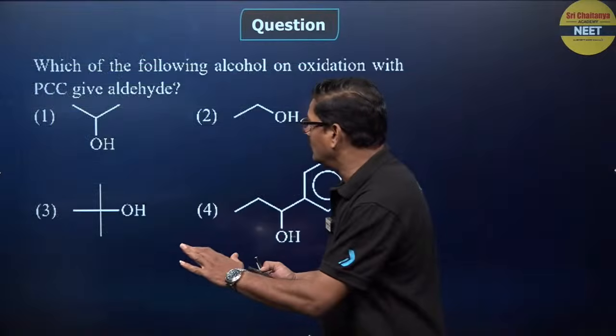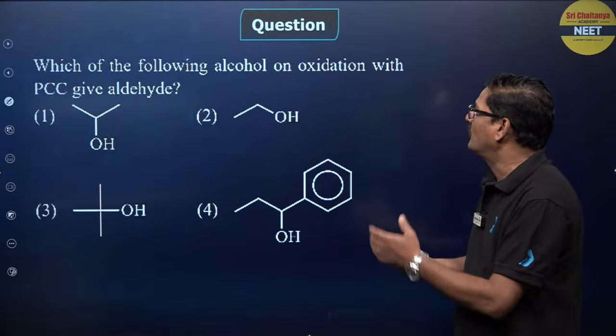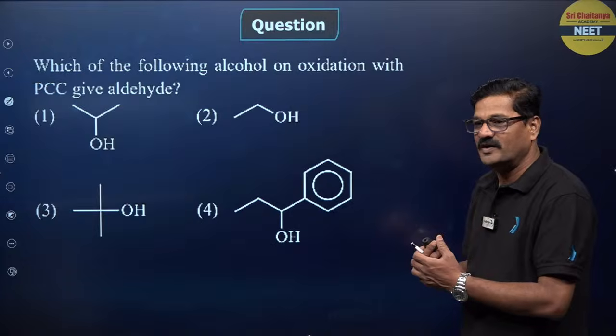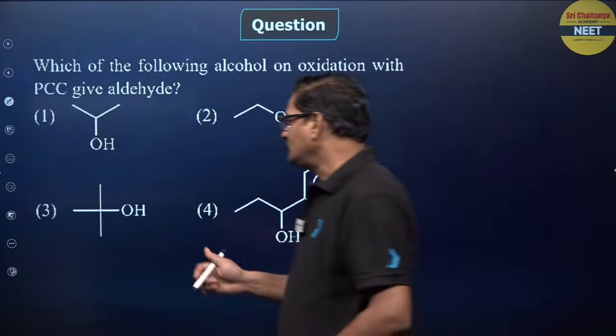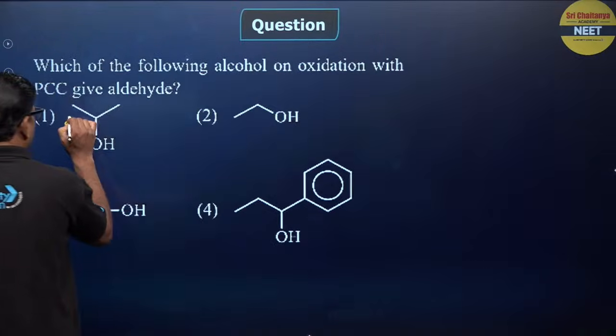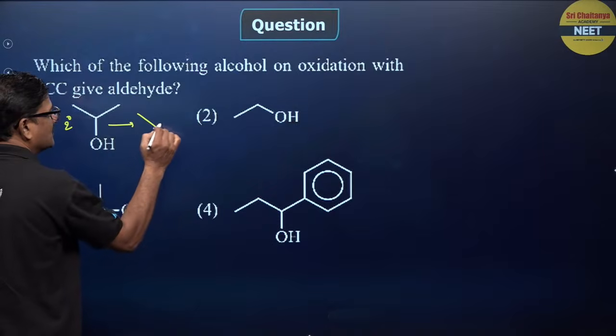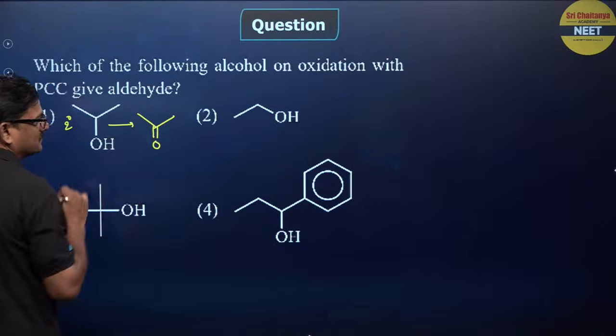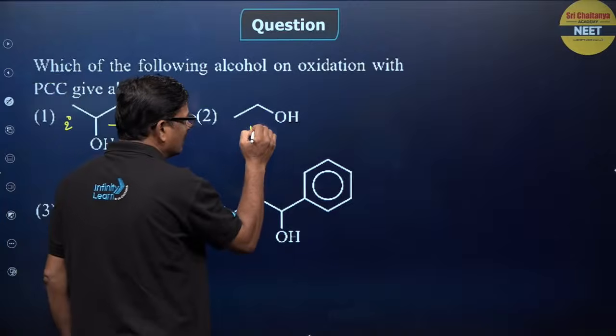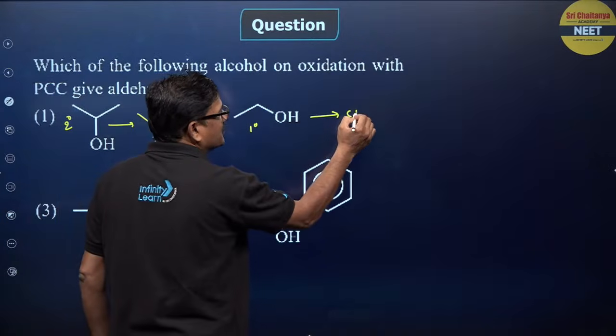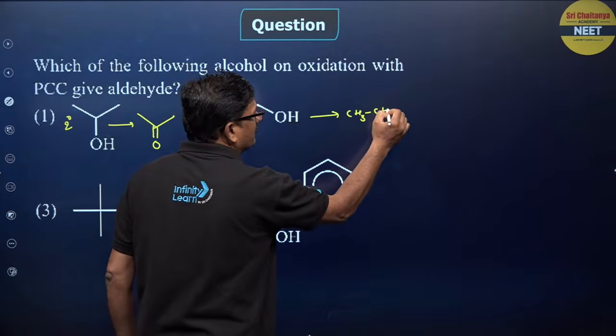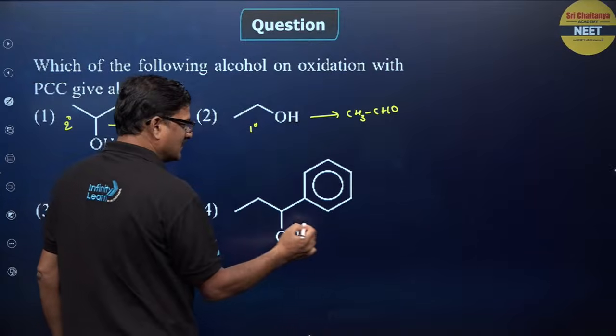Okay, moving ahead, one more. Which of the following alcohols on oxidation with PCC gives aldehyde? So this is a secondary alcohol. Secondary alcohol gives its corresponding ketone, and a primary alcohol gives rise to the corresponding aldehyde. And this is a secondary alcohol.